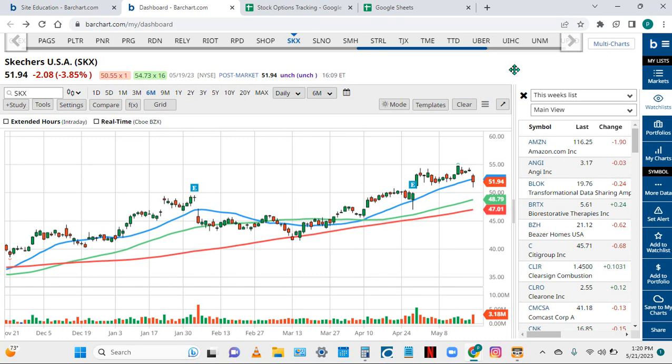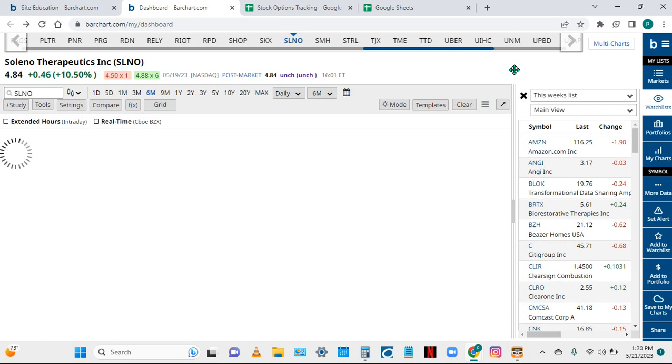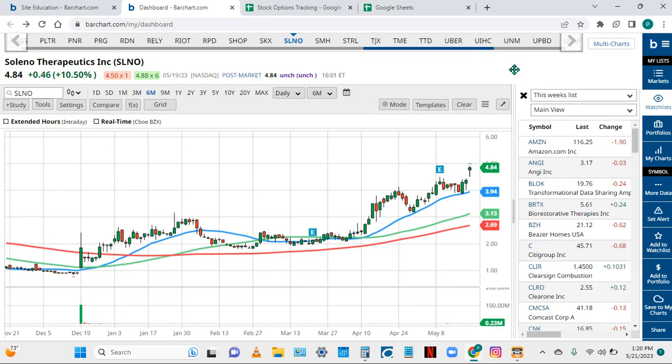Skechers, like shoes. I don't like that closing bar on Friday. That needs to reverse back up, but it isn't in an uptrend, so it could be a buy setup. That's a nice closing gap breakout on Friday for SLNO, Selena.